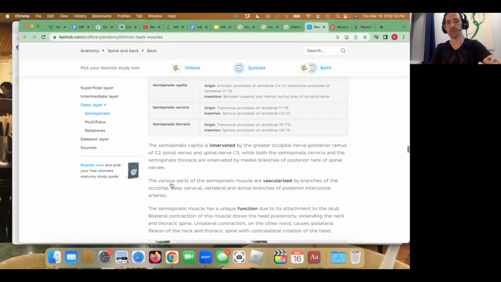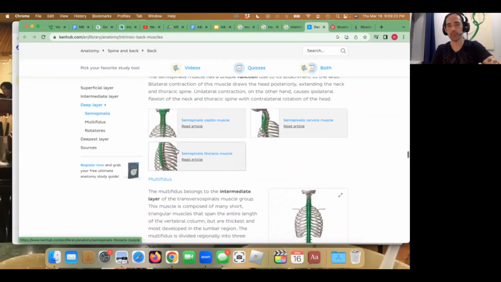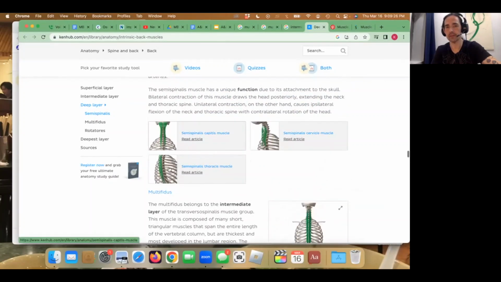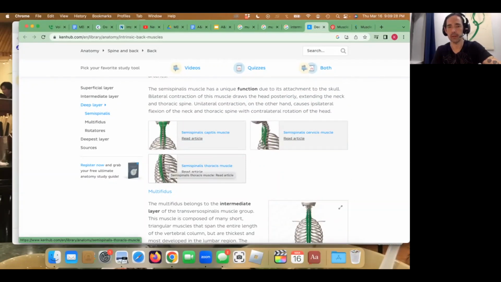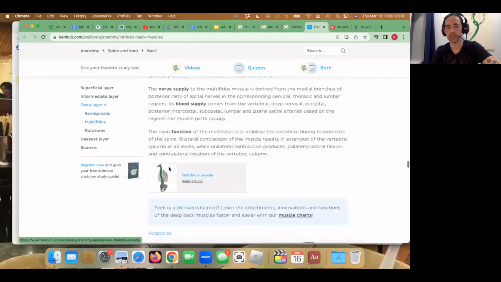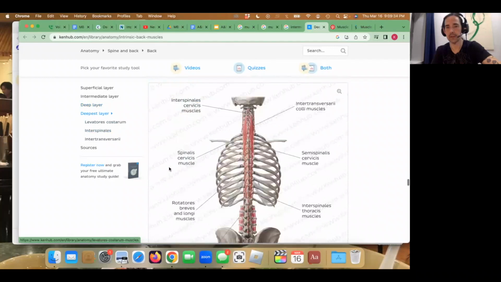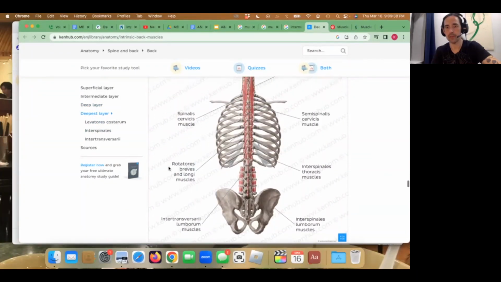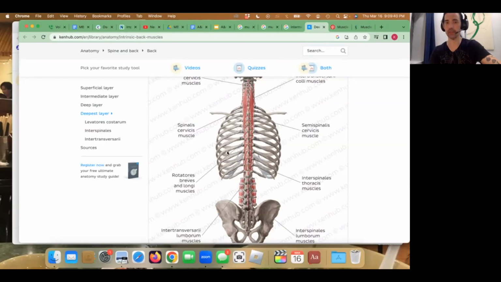Here's a beautiful multifidus. I like KenHub. And beautiful rotatores.